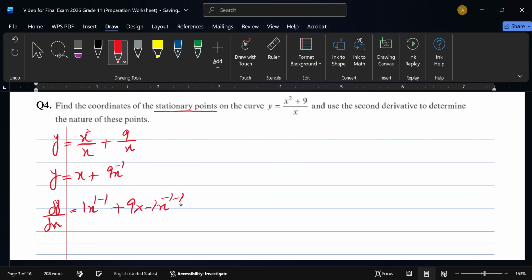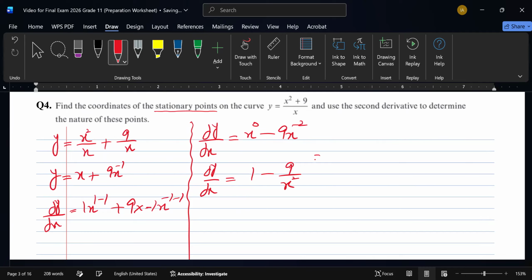So dy over dx is going to be x power 0 minus 9x power minus 2. As you remember, x power 0 becomes 1 and we move x squared to the denominator, that's why it becomes positive 2.